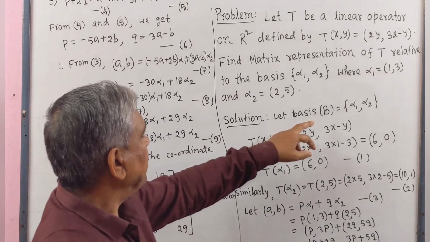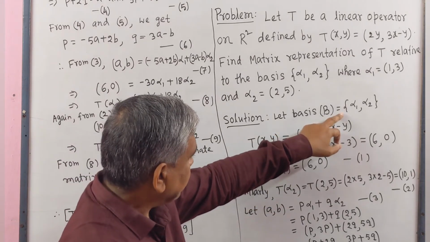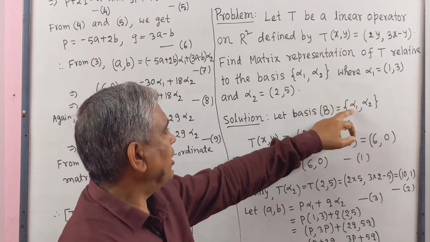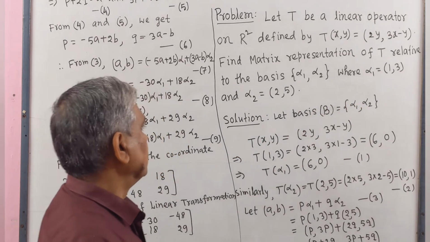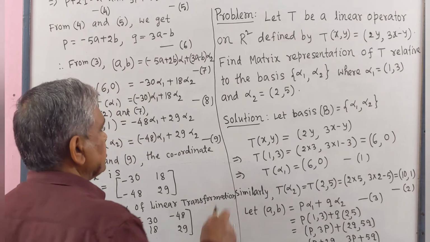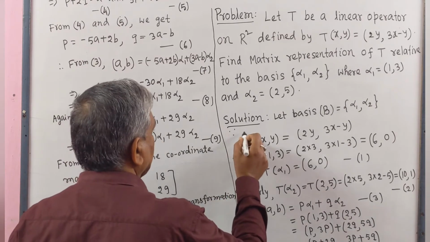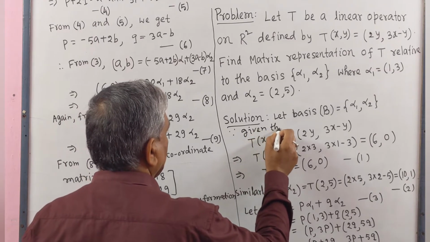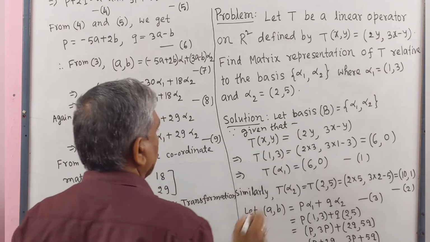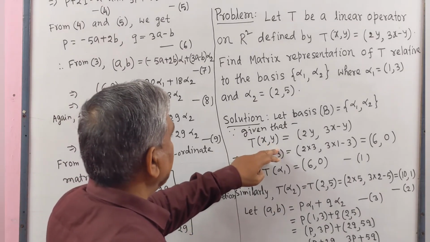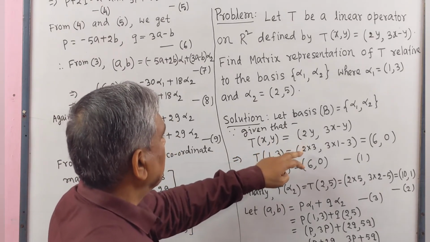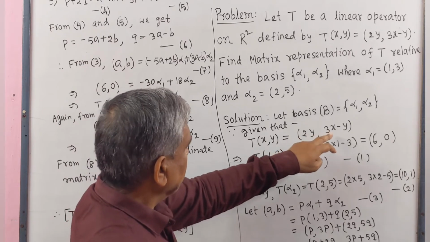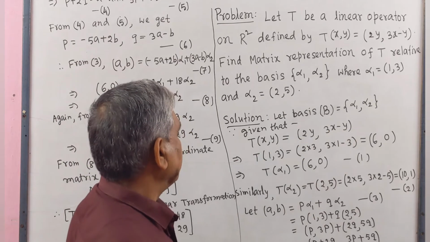Let basis B be equal to a set containing vectors alpha 1 and alpha 2. Since given that T(x, y) equal to ordered pair (2y, 3x minus y).